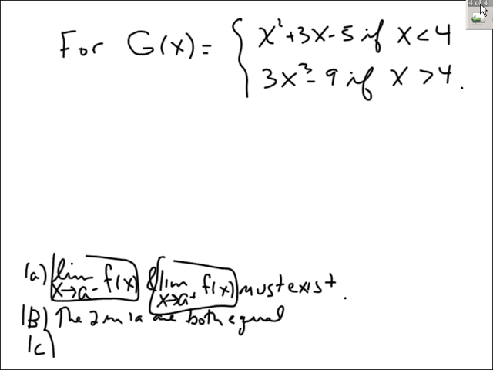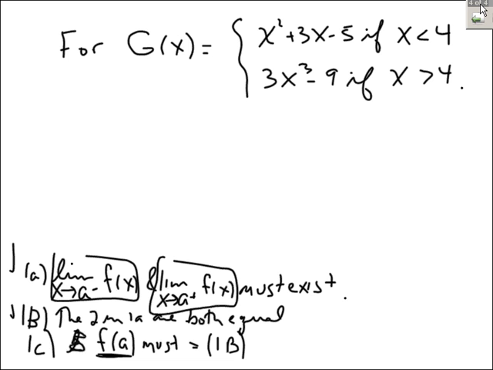And 1c is, f of a must equal the common answer in 1b. This is shorthand notation. Now, let us just suppose that 1a and 1b we verified. F of a is not, so we'll come back to this in a moment.